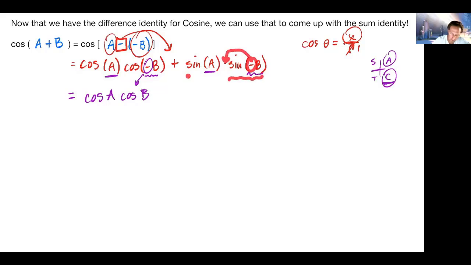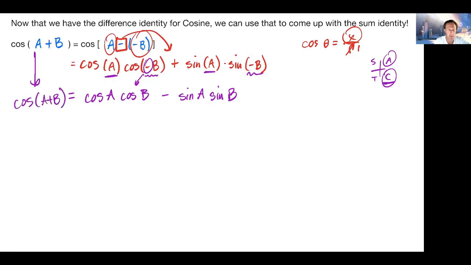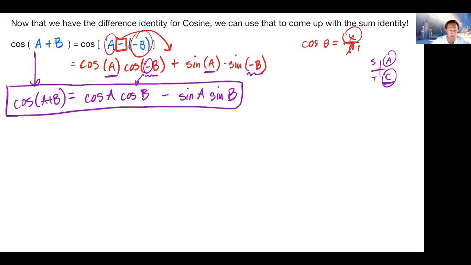And since this is multiplying with that, and this is a positive, and this would become a negative, then rather than having to write a big parentheses around and putting that negative there, we're just going to move it out in front. So that is now going to be the positive times the negative. So negative sine of A sine of B. And that then is what the cosine of A plus B, or the sum formula or identity for cosine is. So that's what we have for the cosine of A plus B.